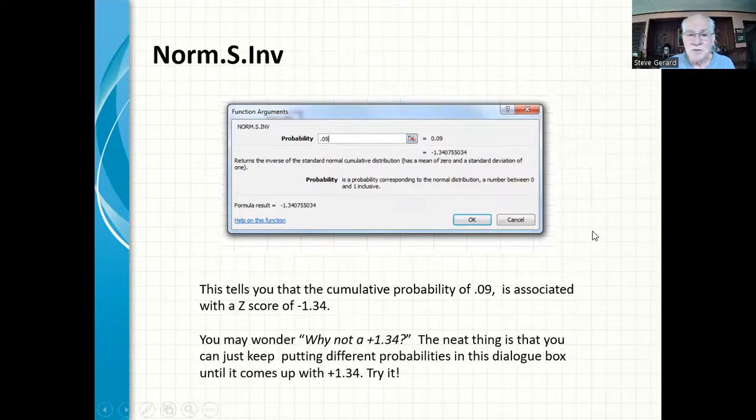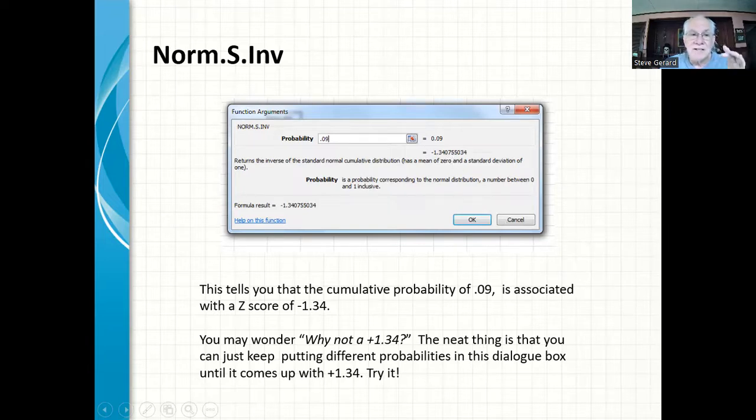If I say, what's the score associated with a 9% probability? The simple thing to do is you put in 0.09 and it jumps up here. It says negative 1.34075.